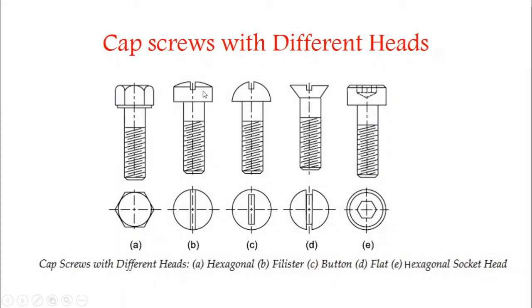The flat head cap screw has a conical head with the slot. This is the conical head. The heads only differ: this is the cylindrical head, the spherical, and this is the conical head. Heads with the slot for the screwdriver are used for cap screws of small size which require small torque for tightening.